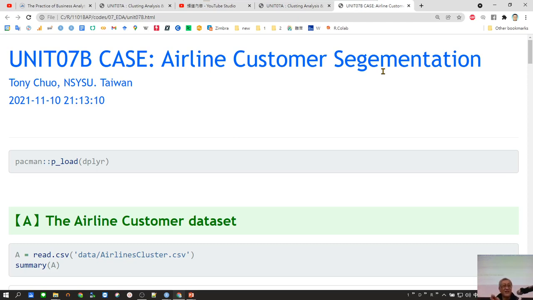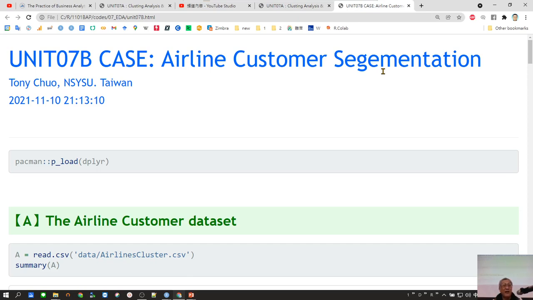That's the three things of STP. So segmentation is just the first thing. It's not the second, the third. Okay? So in the Tafong case, clustering can only help you to do the segmentation. It cannot help you choose the focus, right? It cannot help you design the campaign, right?